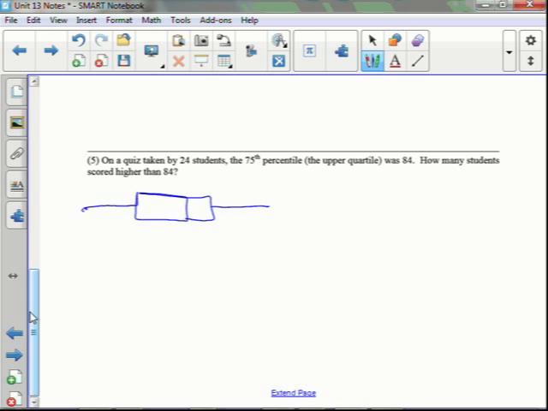Here's the max grade. Here's the 75th percentile, or the 3rd quartile, or upper quartile. Now remember, here's what we're saying. 25% are in this range, 25% are in this range, 25% are in this range, and 25% are in this range. So they want to know how many students scored higher than 84. They're saying, how many students were in this range?